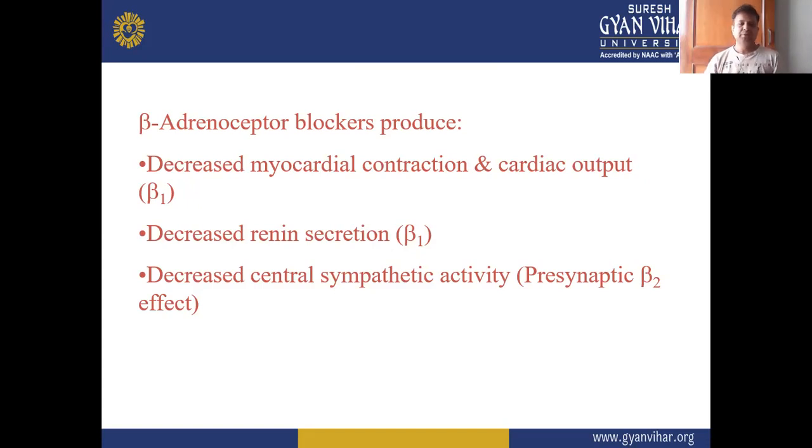Next, beta adrenoreceptor blockers produce decreased myocardial contraction and cardiac output by blocking beta 1 receptors, decrease renin secretion by blocking beta 1 receptors, and decrease central sympathetic activity by blocking presynaptic beta 2 effect.